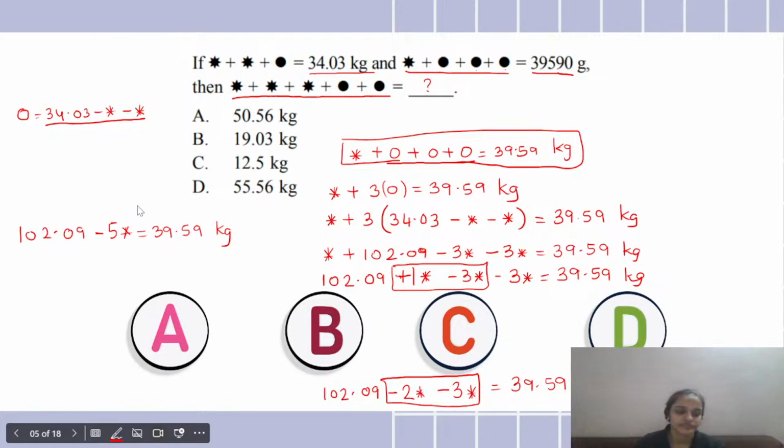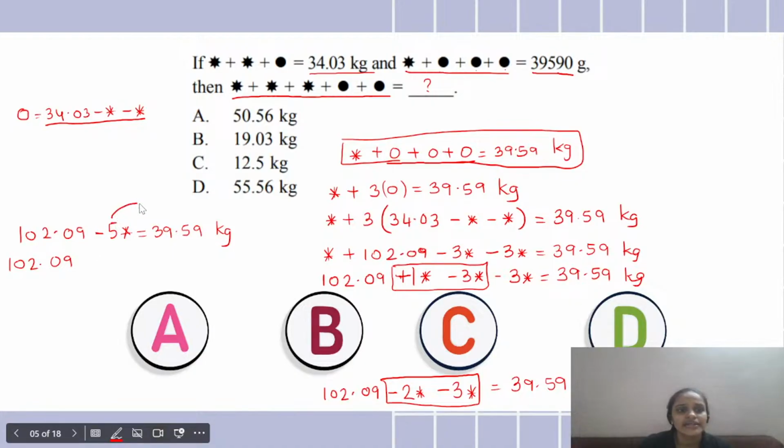Okay. All right. Now, the next thing that I'm going to do is I am going to leave 5 star alone, and so this is minus 5 star. Okay. Wait. So instead of keeping this like this, I will just get 5 star on the other side. This is positive. This is 102.09.